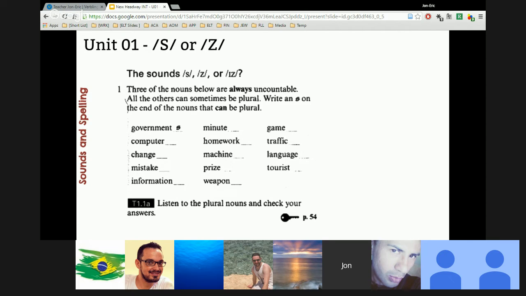Sorry? First word, second column. Okay. Minute? Can it be plural? Yes. Of course. Say it for me as a plural. 10 minutes.